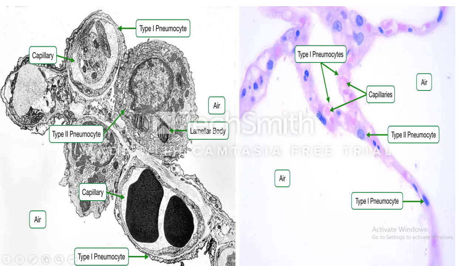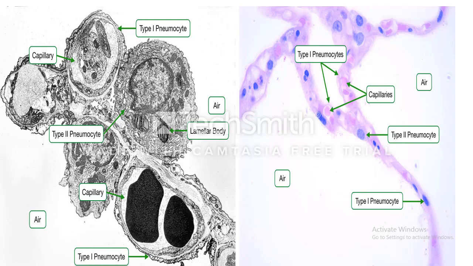This is a transmission electron microscope of alveoli. This is pneumocyte 2. These cells have lamellar bodies in the cytoplasm. This cell is very special. This cell is very important for alveoli. This cell secretes lung surfactant.